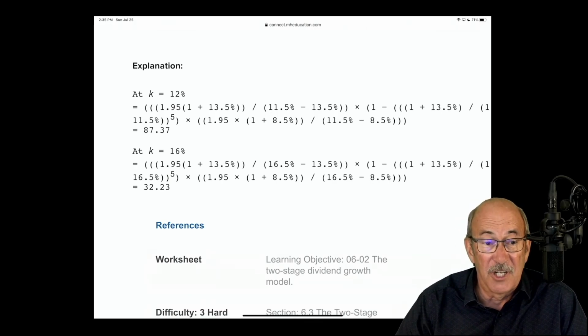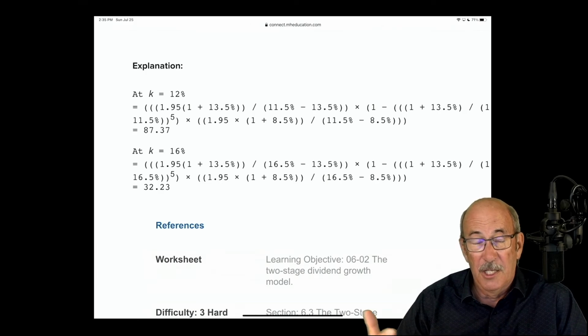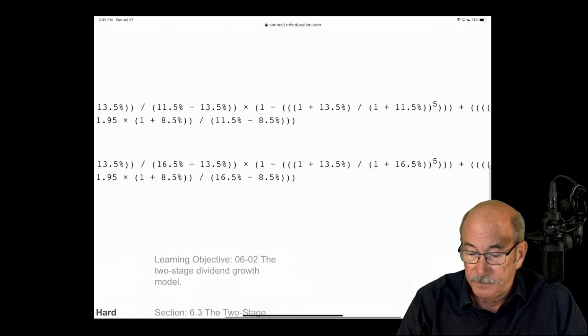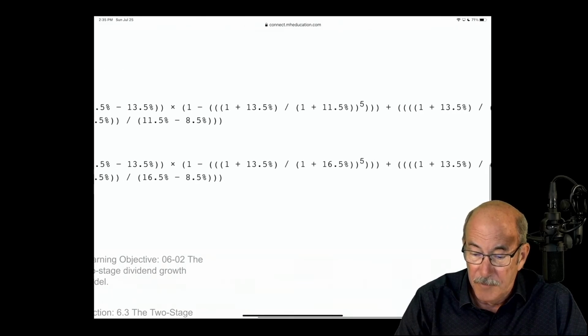Obviously, that's going to give us a negative number, but because we're in a two-stage model, it's okay if that first period comes up as a negative. And then do the fraction here, 1 minus 1 plus the G over 1 plus K raised to the 5th.